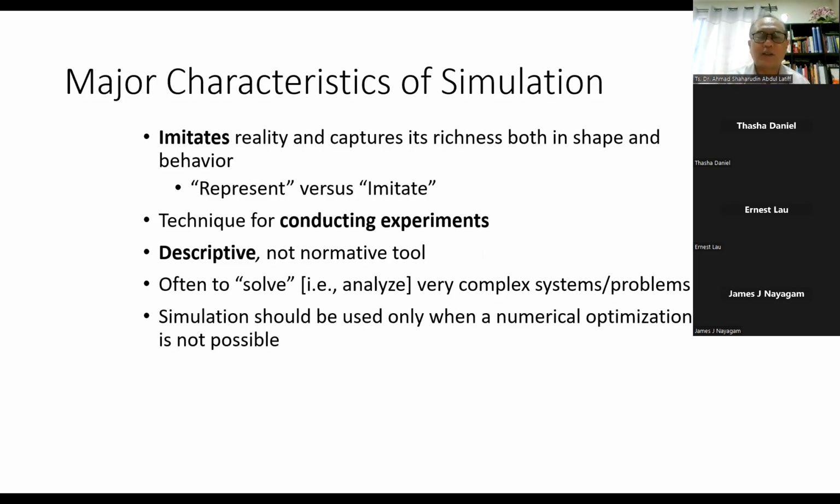It imitates, not represents. Then you have a technique to conduct the experiment, and it is descriptive, meaning that it explains. It is more of a normative tool, and it solves complex problems. It will be used only when numerical optimization is not possible. For example, you don't have linear or mathematical models, so you use simulation.